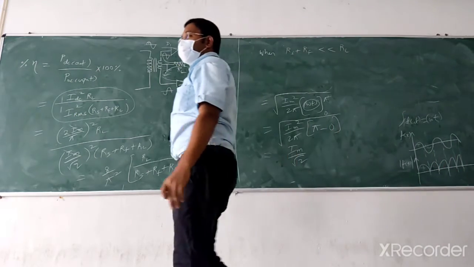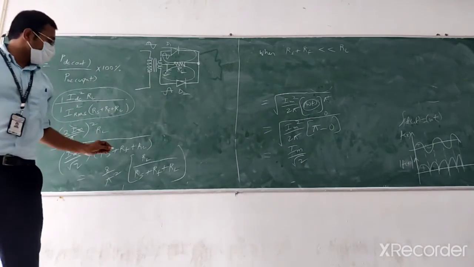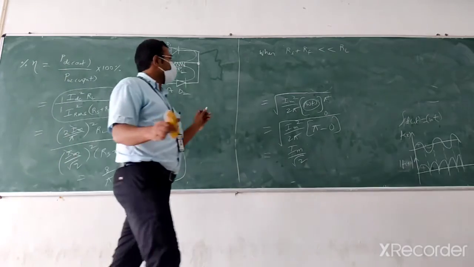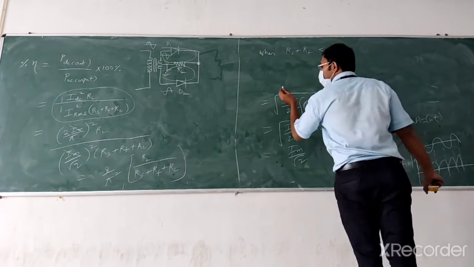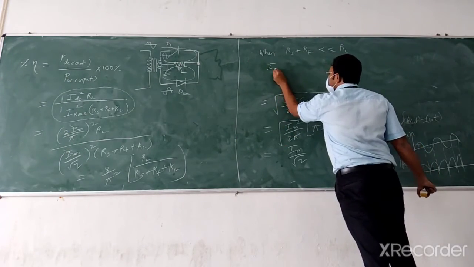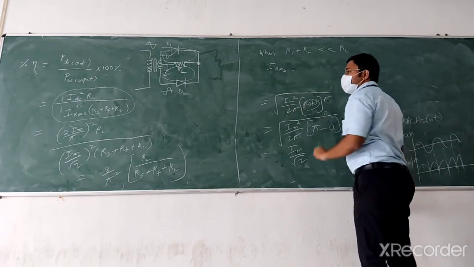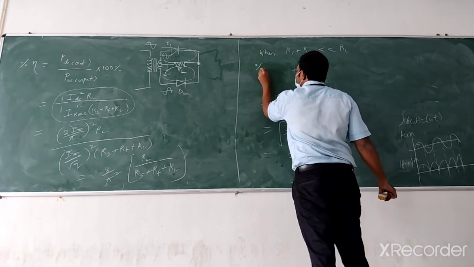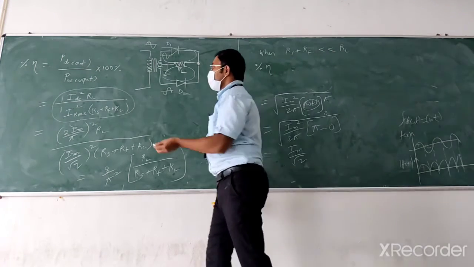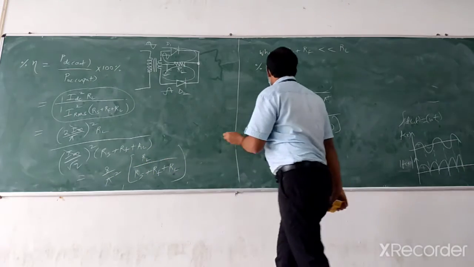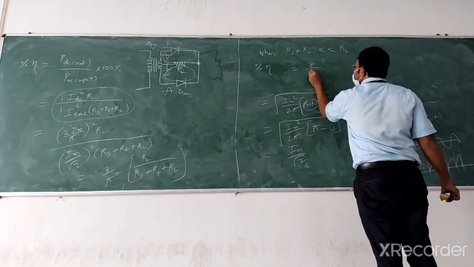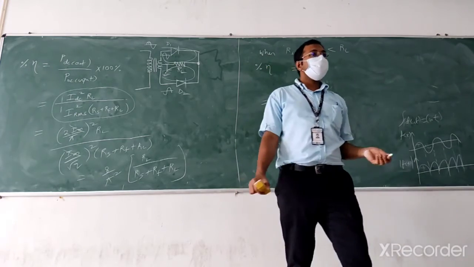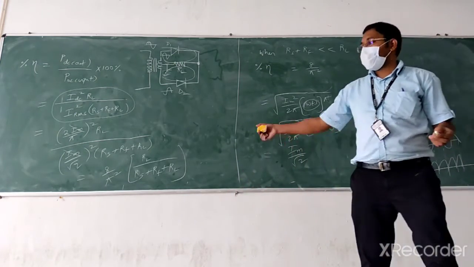When can we neglect RS plus RF? If this is much less than RL, we can neglect. Then what we can have? Percentage efficiency, how much? 8 by pi square into RL by RL will cancel.